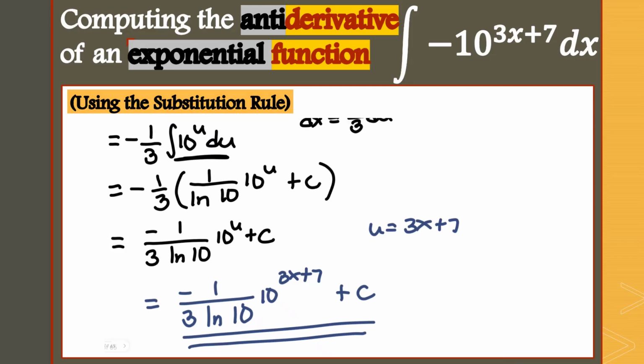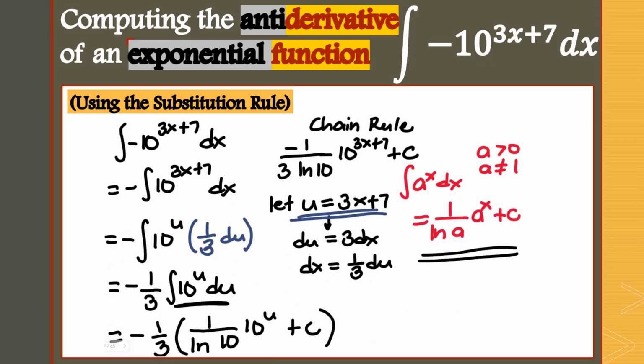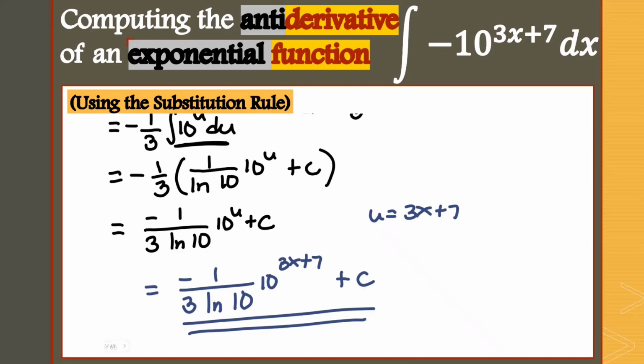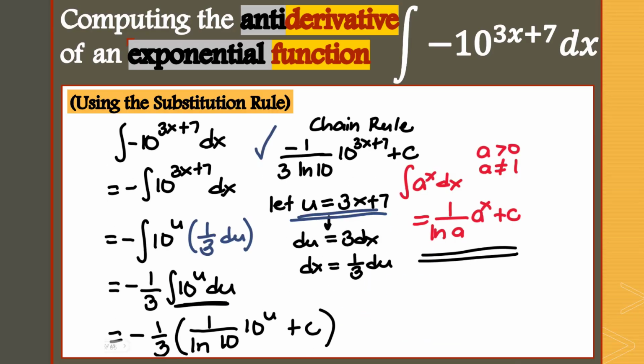And when we compare it to the result using the chain rule, we have the same result: negative 1 over 3 times the natural logarithm of 10 times 10 to the power of 3x plus 7 plus c. So we have the same result when we use the chain rule and substitution rule, and it's now up to you to discern which you'll be using, except for situations when you are required to specify.